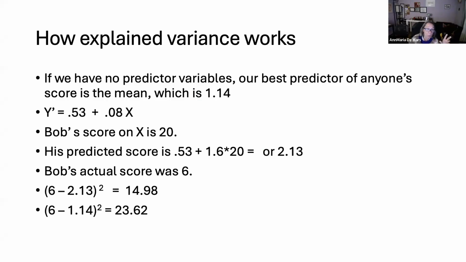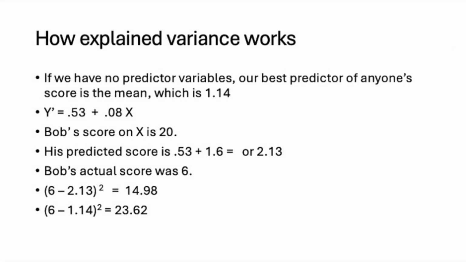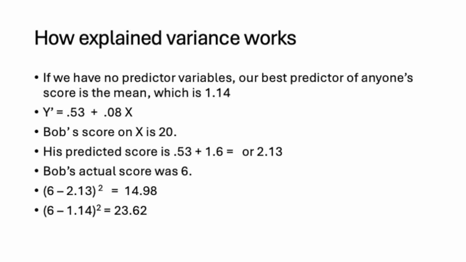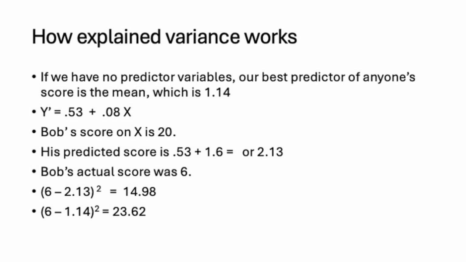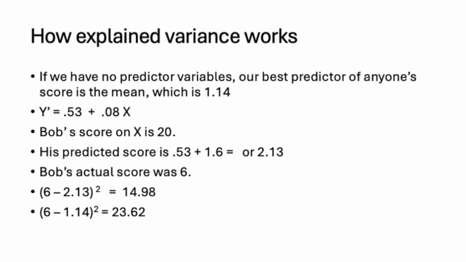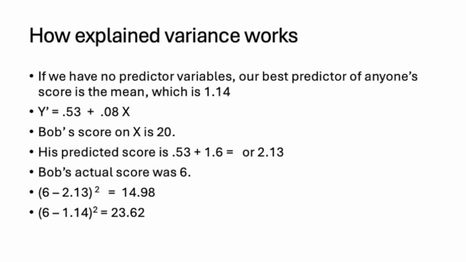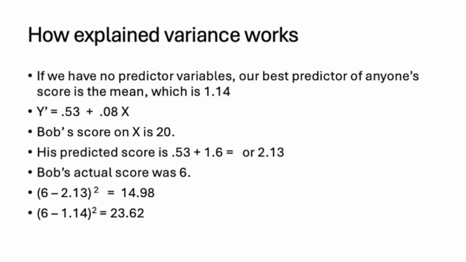So the predicted score would be 0.53 plus 0.08 times x, where x is the number of grants they had in their career. So I'm trying to predict the number of grants a person has at a particular time by the number of grants they'd had in their career prior to that.